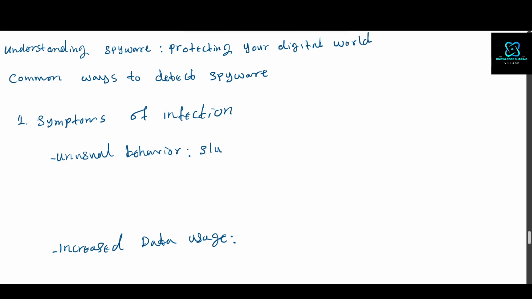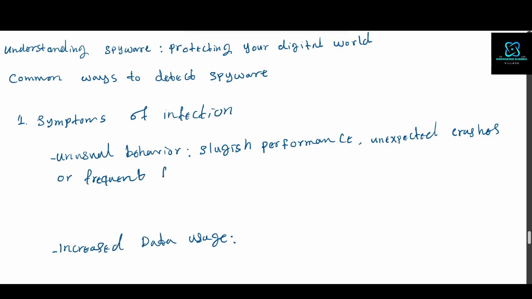It can be sluggish performance, unexpected crashes, or frequent freezes.